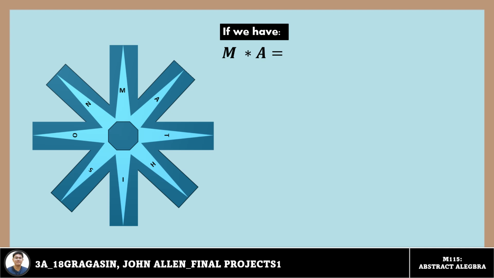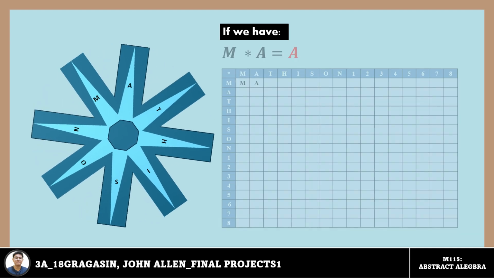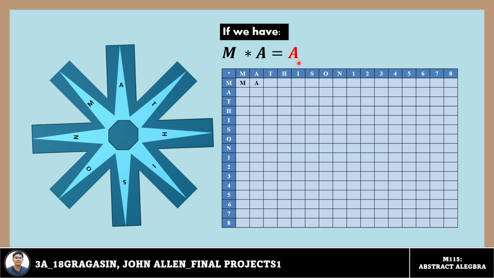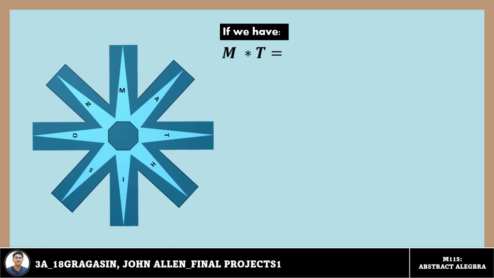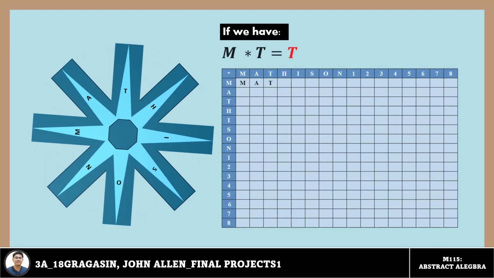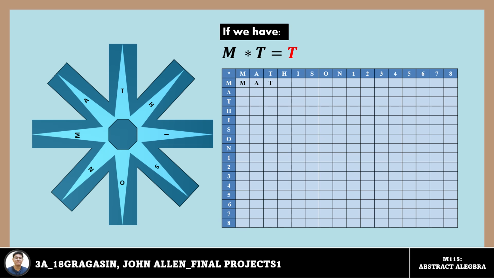Our answer will be the element A. Next, if we have M star T or do nothing, then we rotate it by 90 degrees. Our answer is element T.